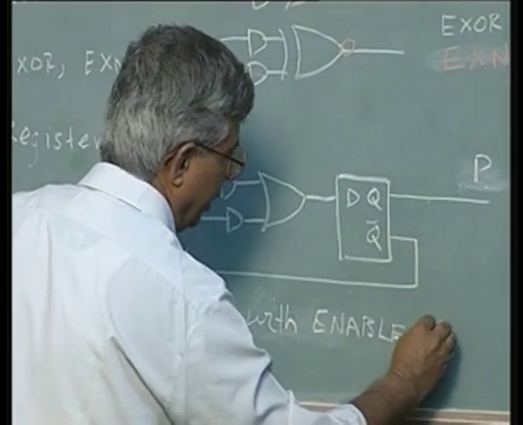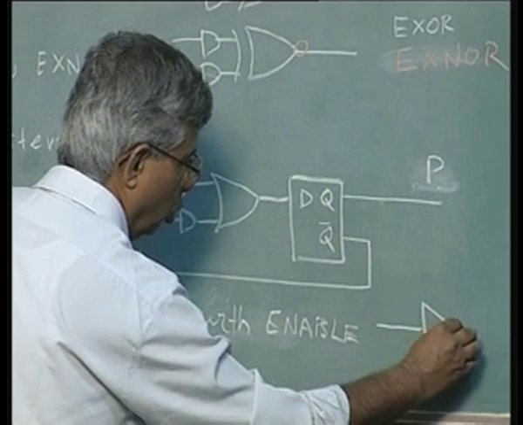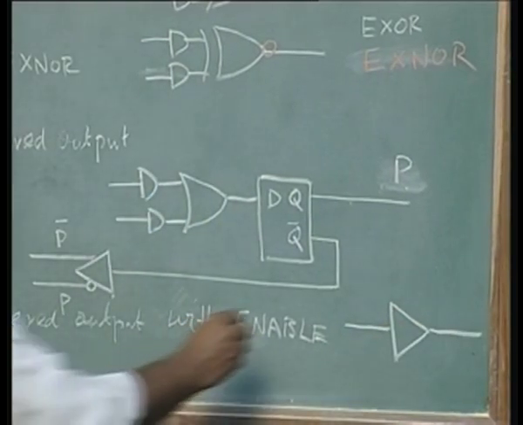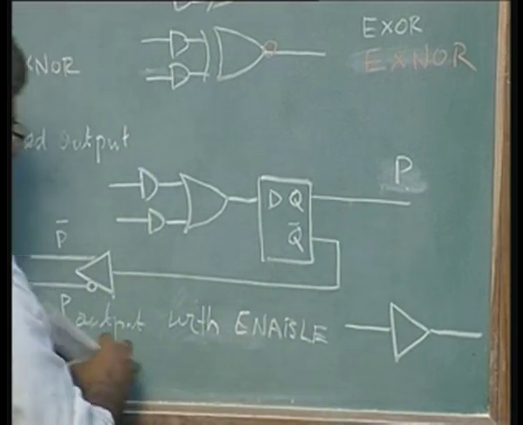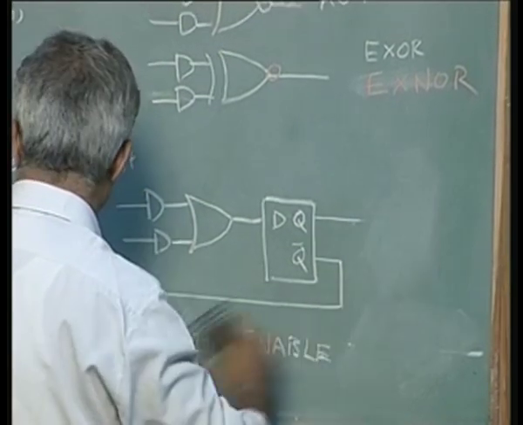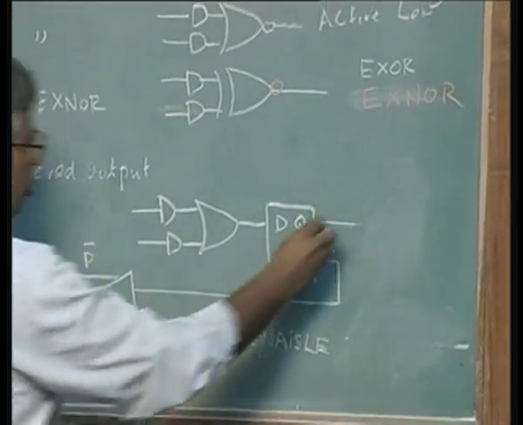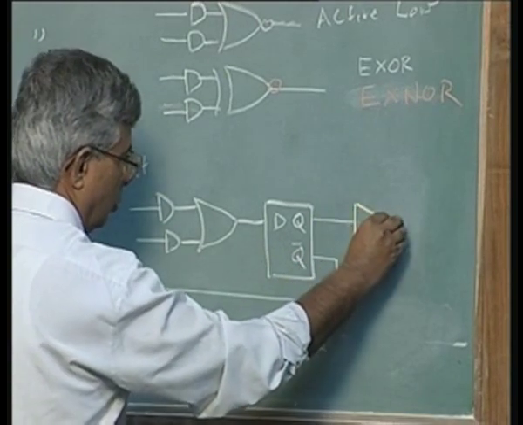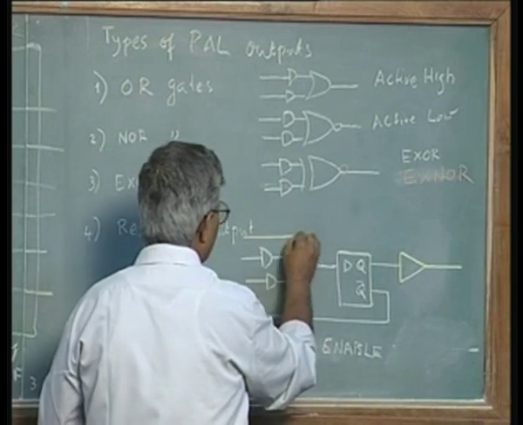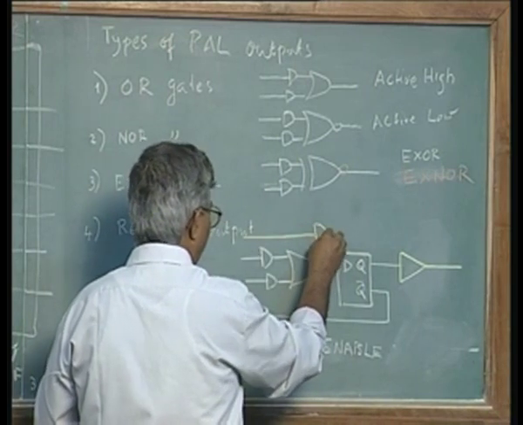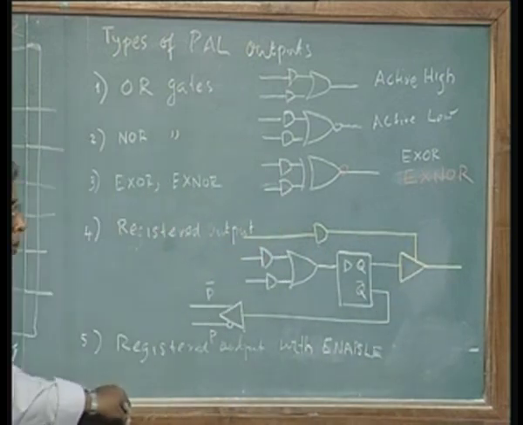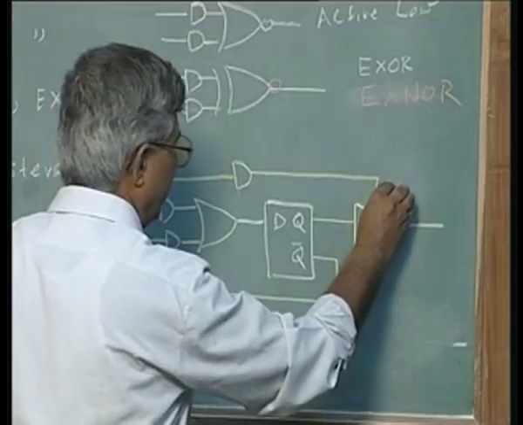This output P can go through a gate or enabler, or I will put it here itself in order to understand it. I can put a buffer which can be enabled by another term of inputs served by the combination logic. This is called enabled signal.